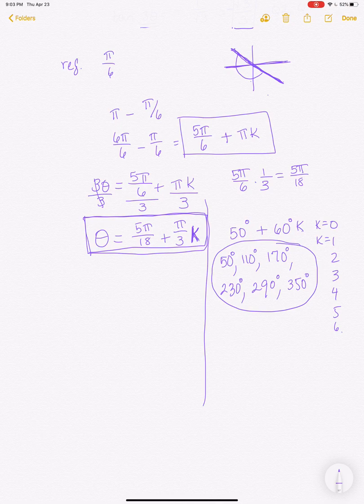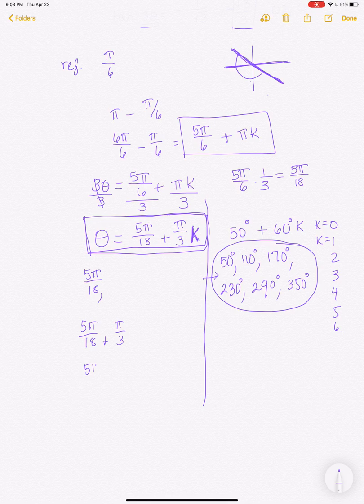So you could certainly list these in degrees, or if you're just going to stick to radians, let's do this whole thing in radians so you can see that. If I plug in 0 for k here, I get 5 pi over 18. If I plug in 1 for k, I get 5 pi over 18 plus pi over 3. If you do these like that, you're going to have to get a common denominator.